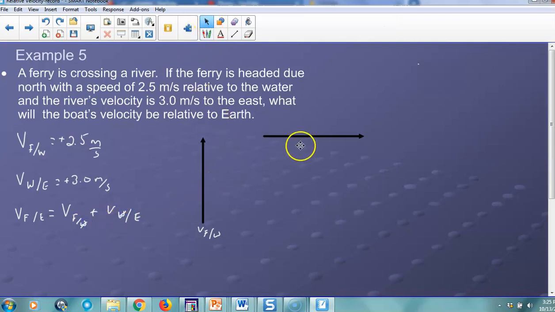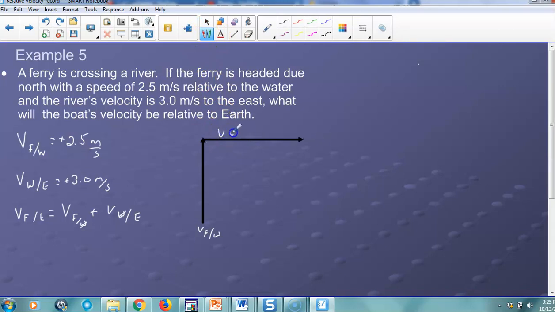And that means that we are just simply adding these two tip to tail. No reversal of sign necessary. Velocity of water to Earth. So our resultant then is going to be here. So that would be the velocity of ferry relative to Earth. And once we're sketching this in, we can see that this is a Pythagorean sort of problem.